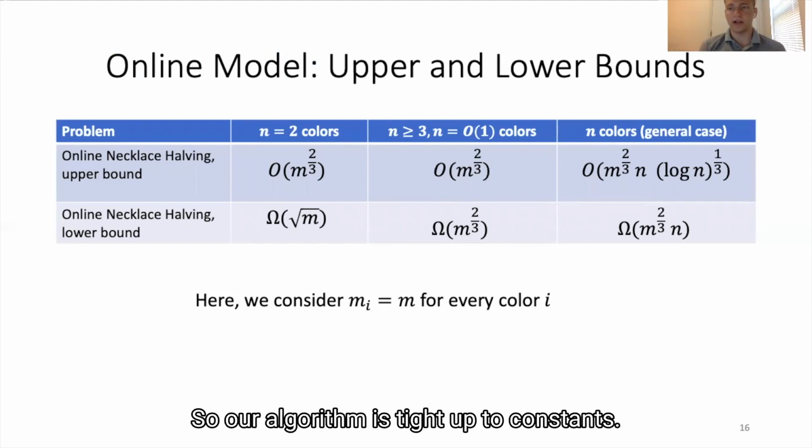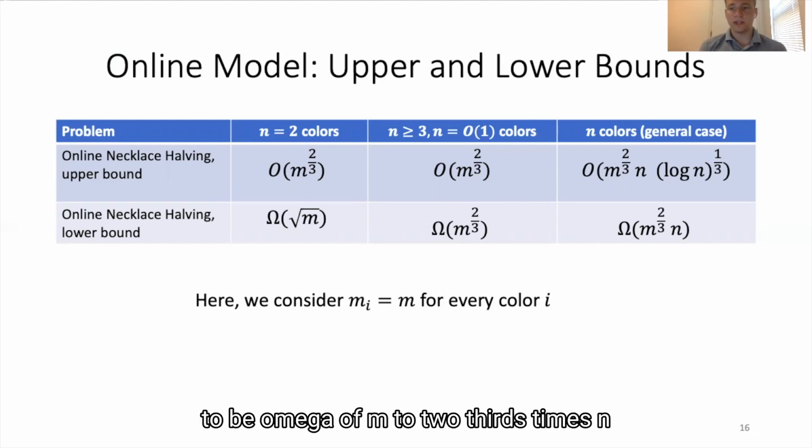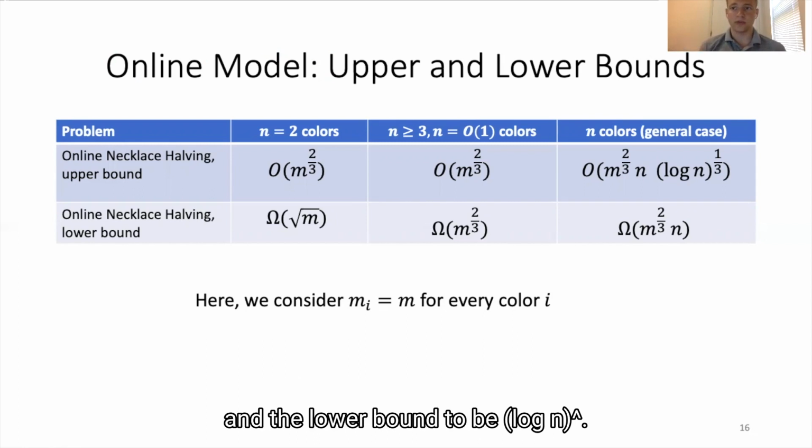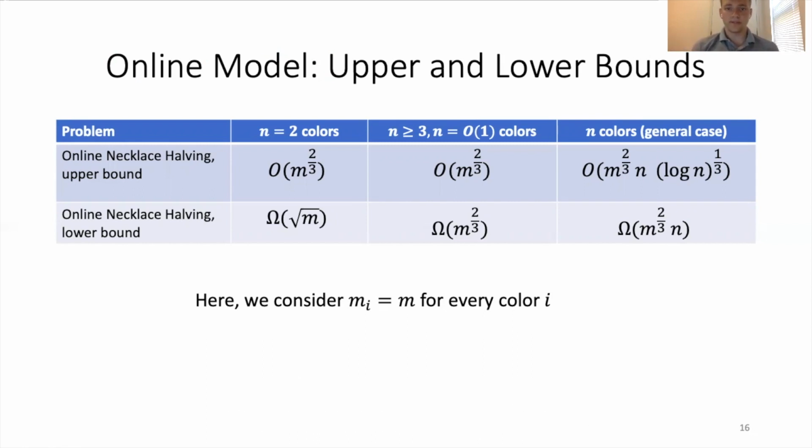So our algorithm is tight up to constants. This lower bound of m to 2/3 can easily be extended to omega of m to 2/3 times n for n colors in the general case, which leaves the gap between our algorithm and the lower bound to be log n to the 1/3.